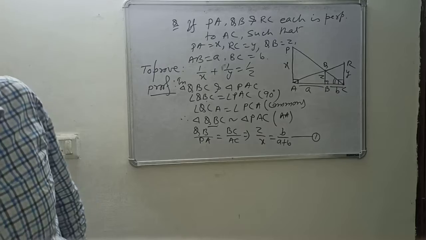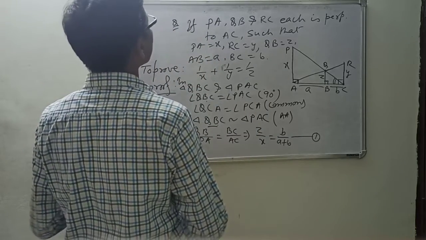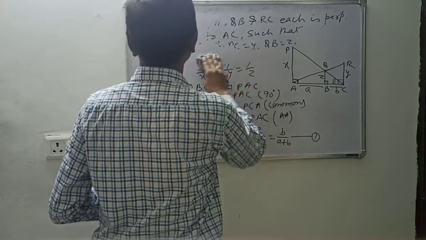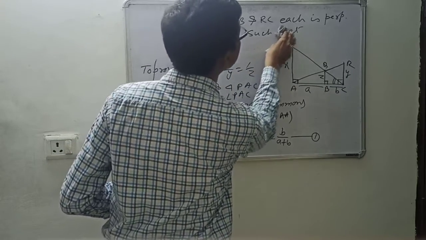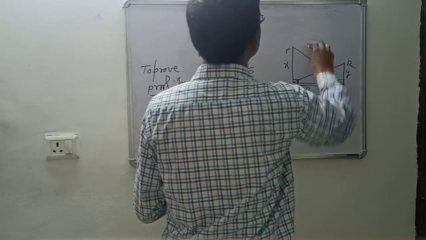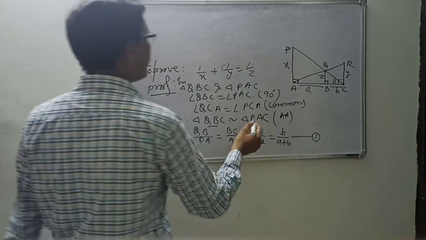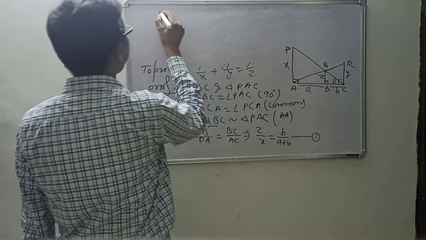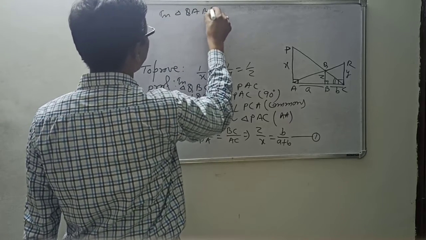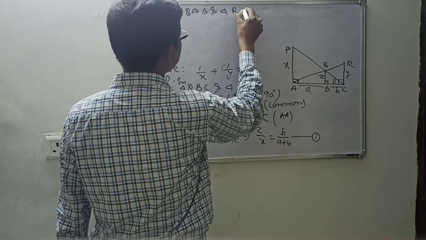Now we'll go with the next one. Same thing, Y and Z. After this you will get triangle QAB and again in triangle QAB and triangle RAC, same thing you are having.